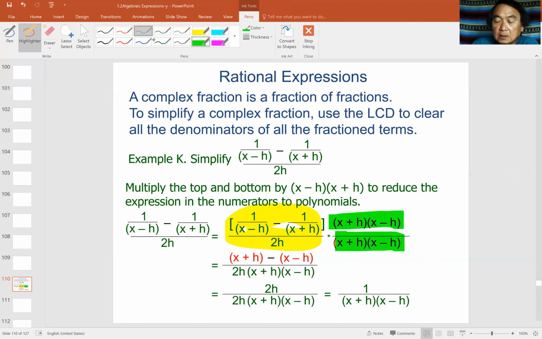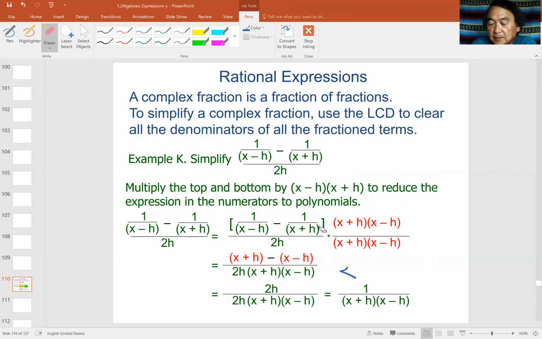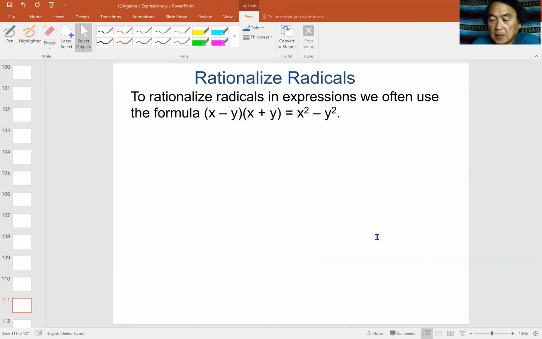To do what? To remove these individual denominators, which wind up to be these. Okay. So I'll leave it to you to read through these algebraic versions of simplifying complex ones.